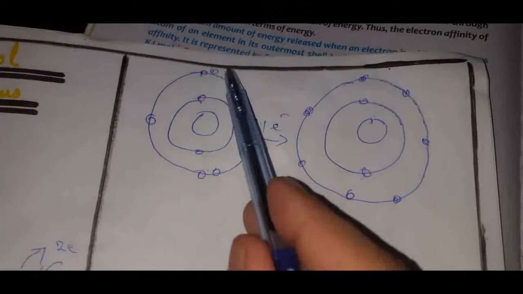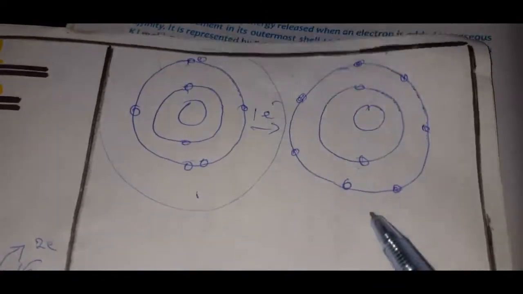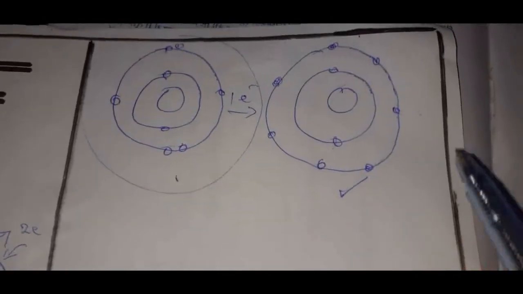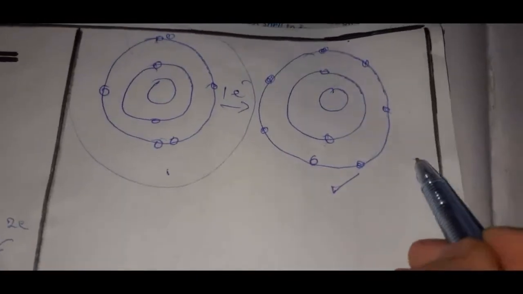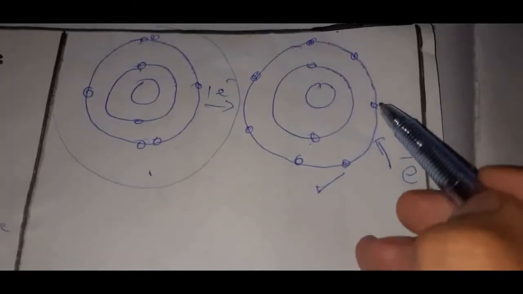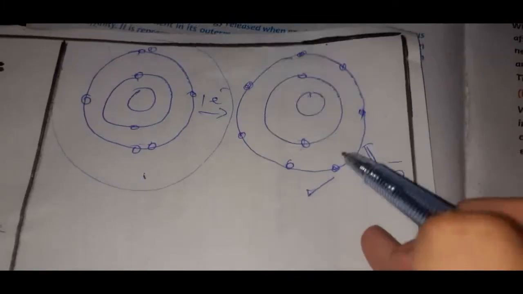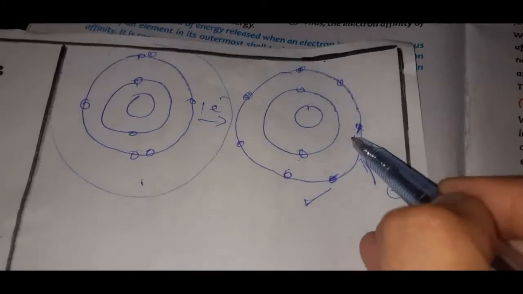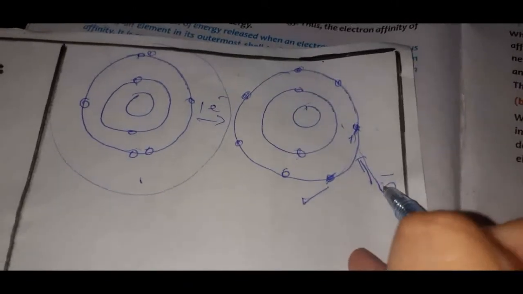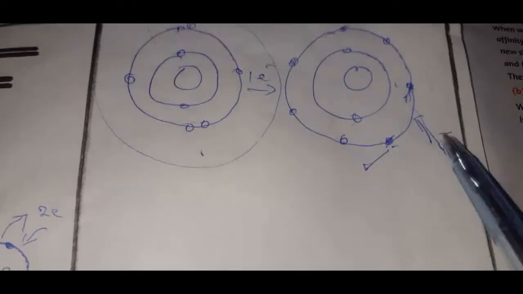So here there were fewer electrons as compared to this case. As there are now more electrons, it will not gain that electron so easily because of electron repulsion. Both of these electrons will repel each other. So in this case there is more electron repulsion.